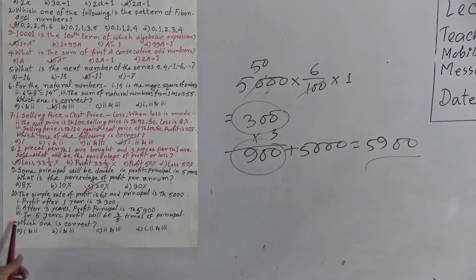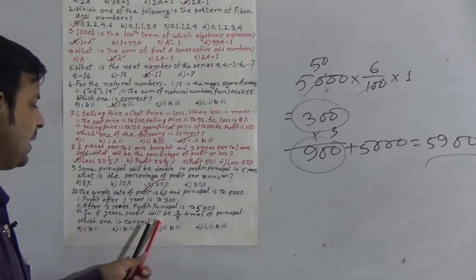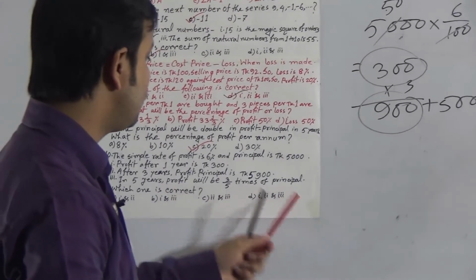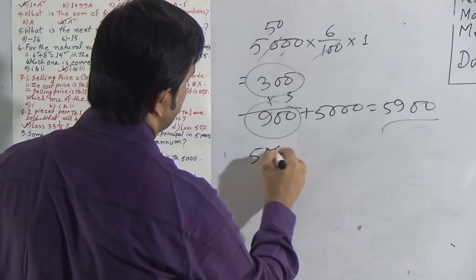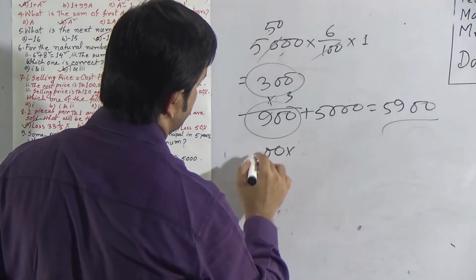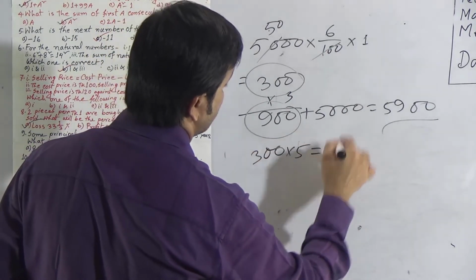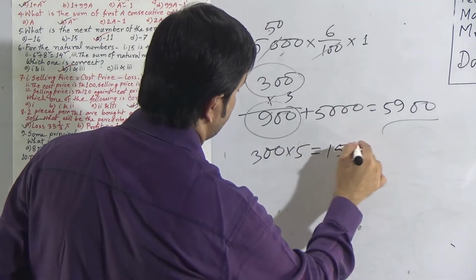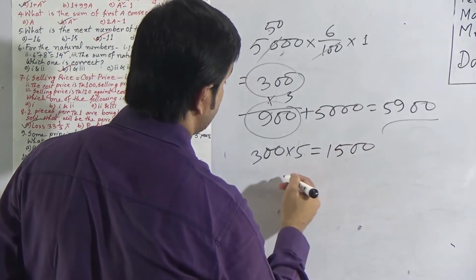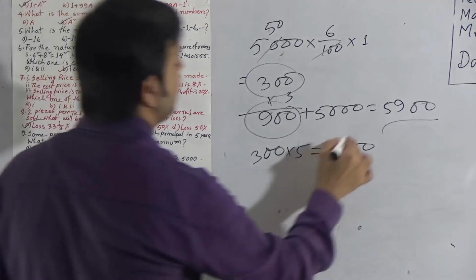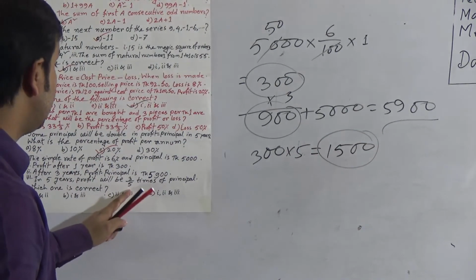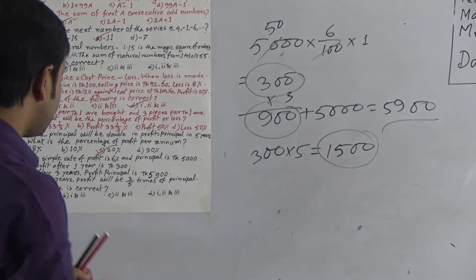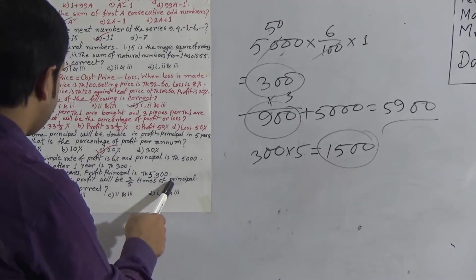Now 3: in 5 years, profit will be 3 by 5 times of principal. Okay, in 5 years profit should be 300 multiplied by 5. It means that 1,500, as 3 5s are 15. We can write this should be the profit of 5 years, but here we have to find out 3 by 5 times of principal.